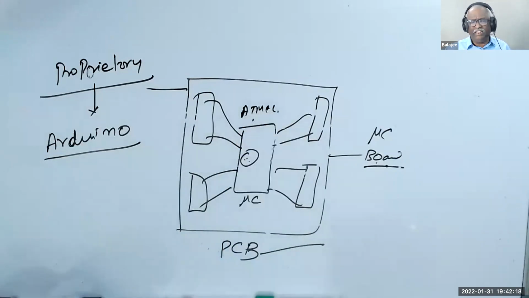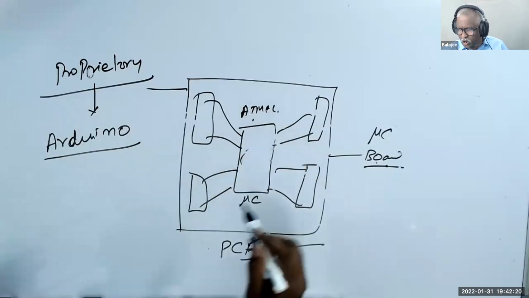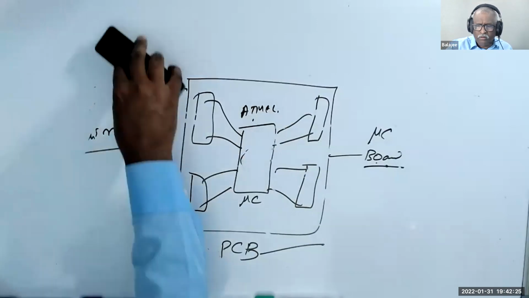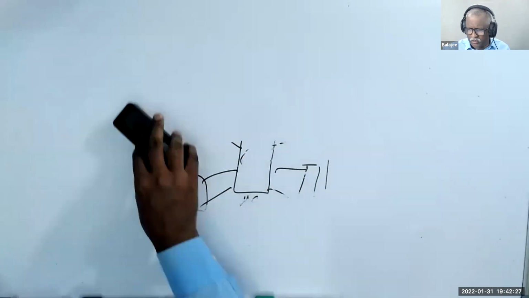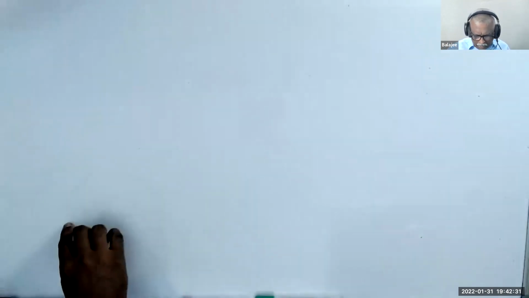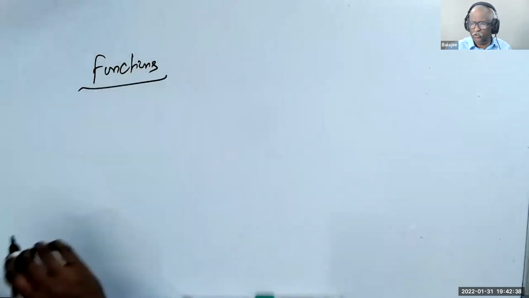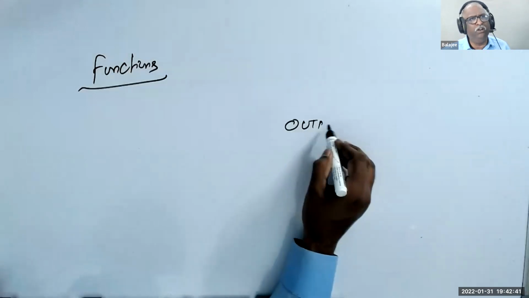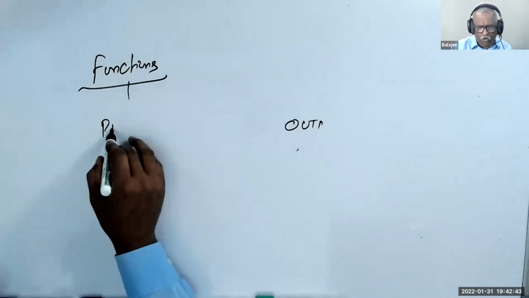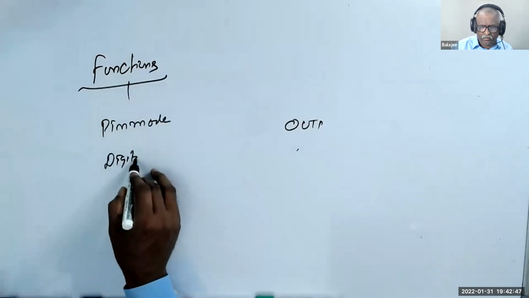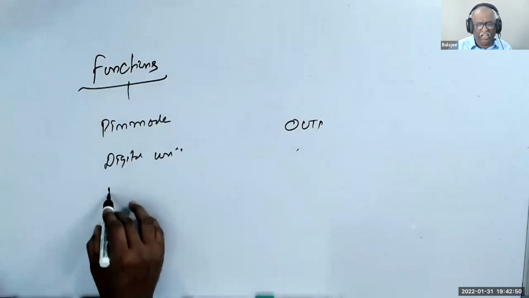This microcontroller also has ports and addresses, everything. Nothing to worry. But there was one small problem while starting: they have given a lot of functions, as I told you, for output and input. They have given functions called pinMode, digitalWrite, digitalRead, like that.